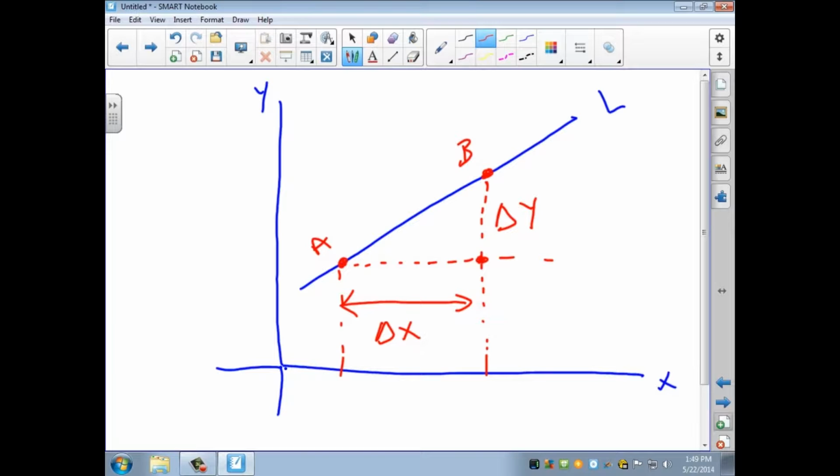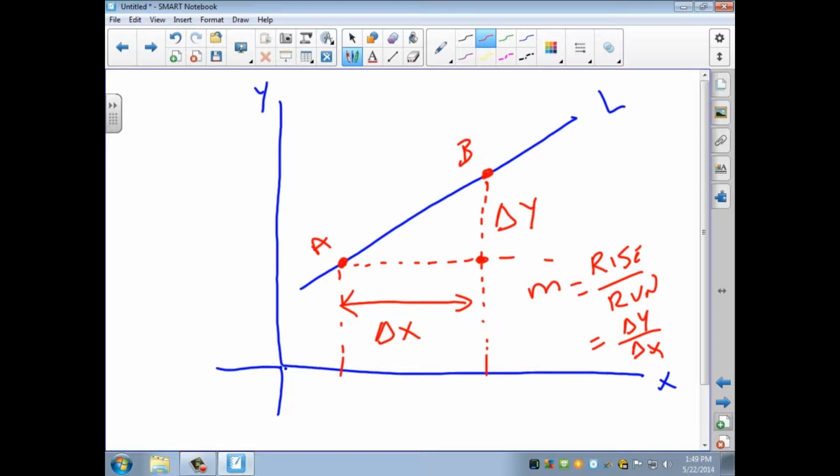And the slope, which is shown with m, would be rise over run, which in this case would be equal to change in y over change in x.